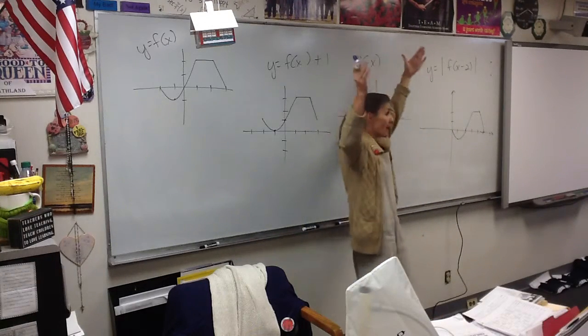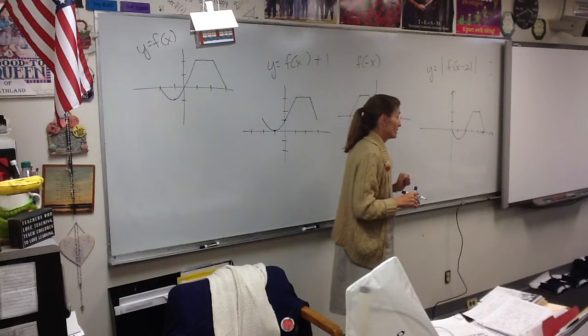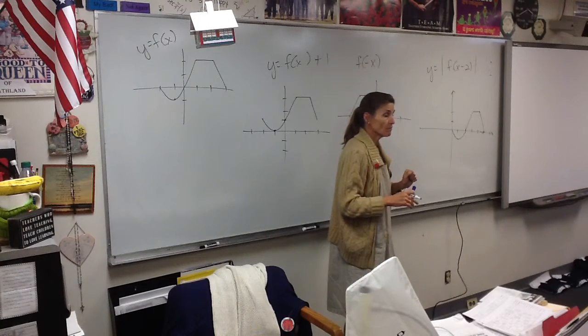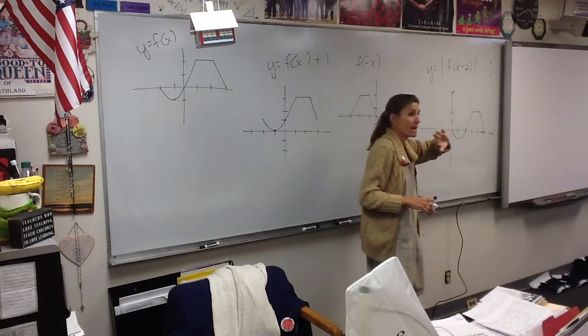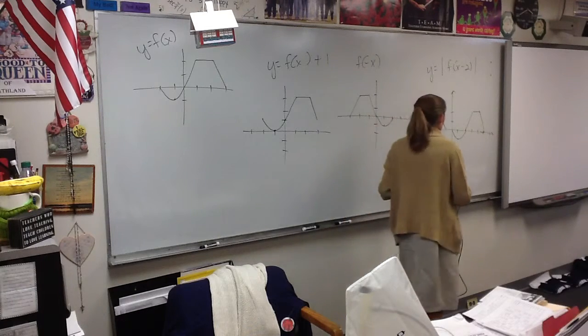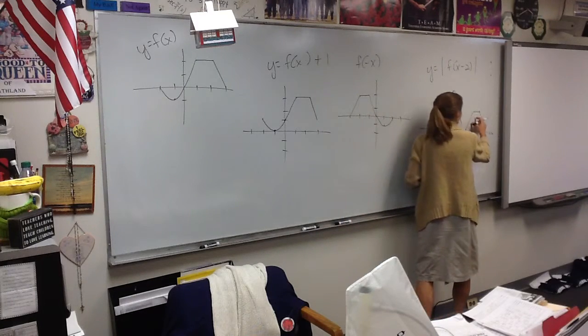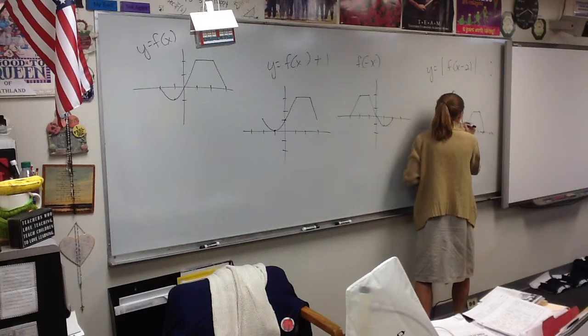Now, absolute value of the whole thing. When you take the absolute value of the y values, what happens, Dan? That makes the thing positive at the bottom of the positive. Exactly. If it's already positive, it's fine, it stays. But this part gets bubbled up.